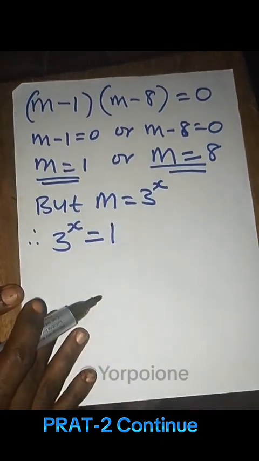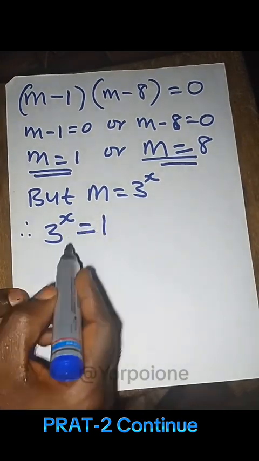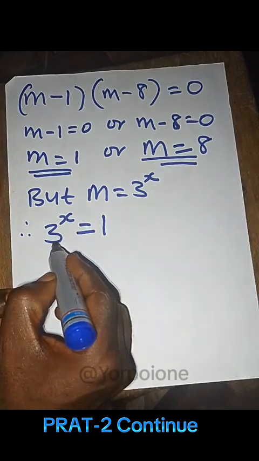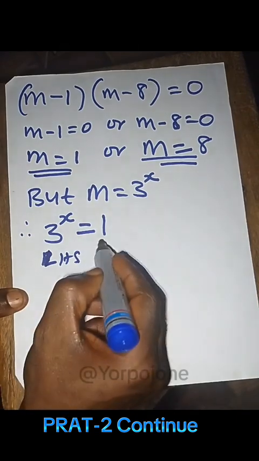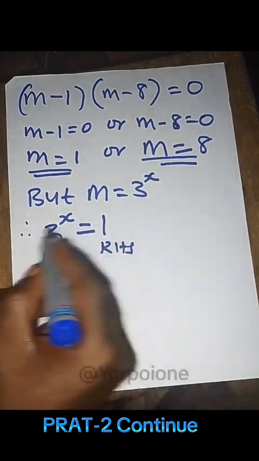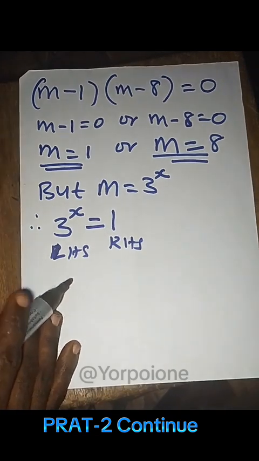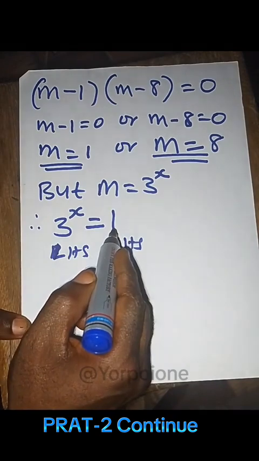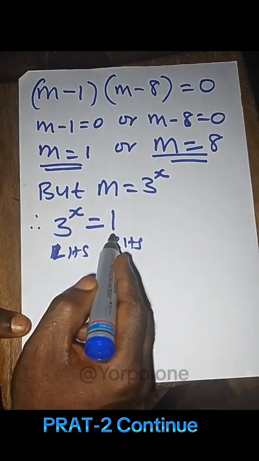Then later we can solve this, because our concern here is for us to look out for the value for x. So, under indices, we want to see here is the left-hand side and here is the right-hand side. So we want to satisfy both the left and the right-hand side. Okay, so what do we do? Since this is 3, we want to raise 3 to a power that can give us 1.